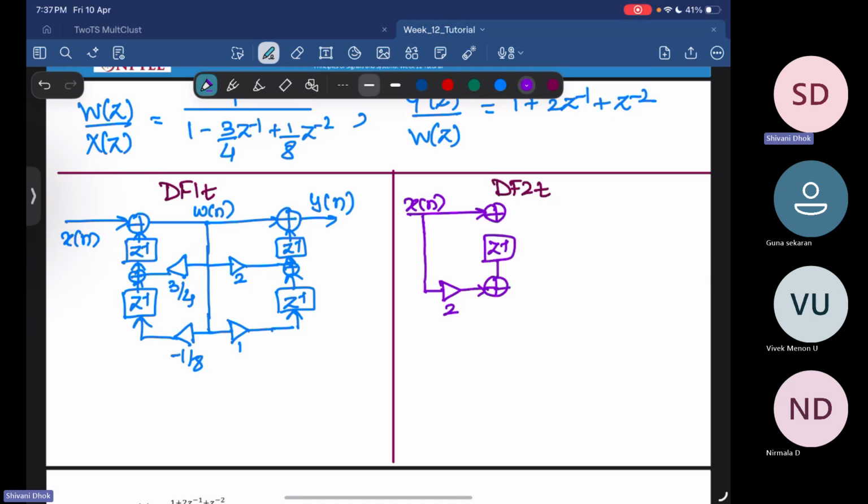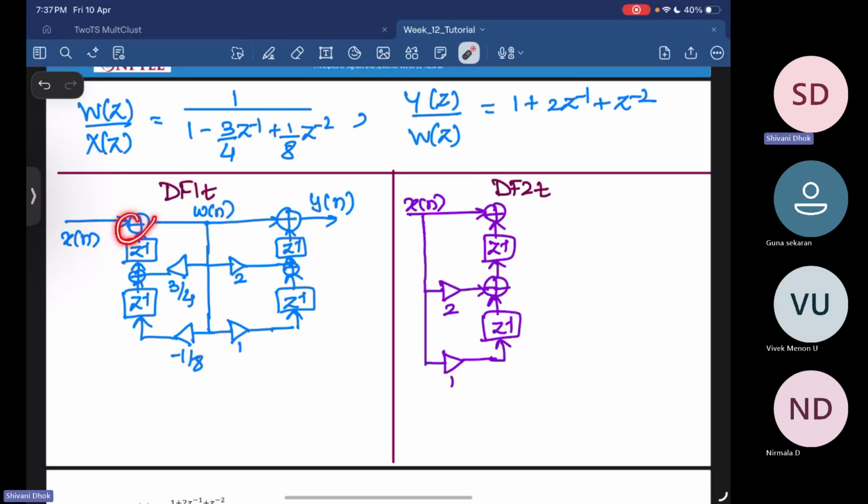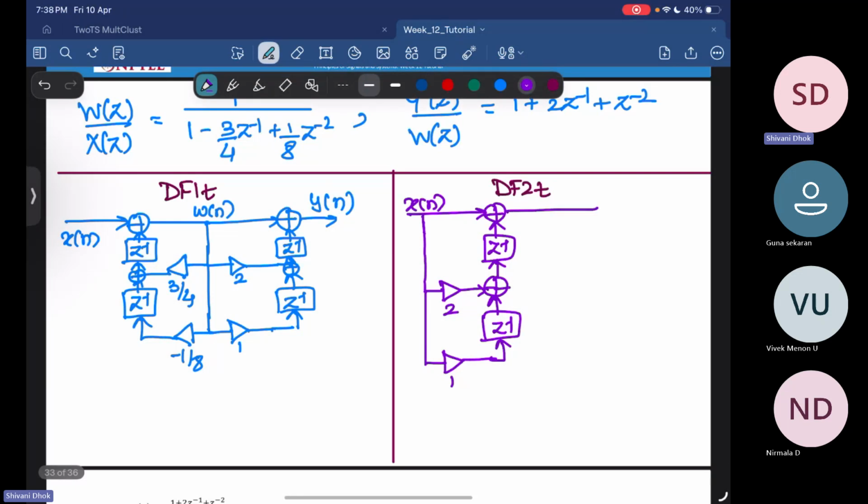This gets delayed by 1 unit, and then you have z inverse like this. And finally you will take up this block, and since the z inverse and these adders are common, we just need to take into account this part now. So you have y of n, this is of 3 by 4, and this is of minus 1 by 8.